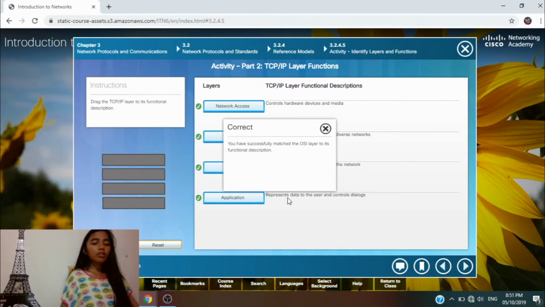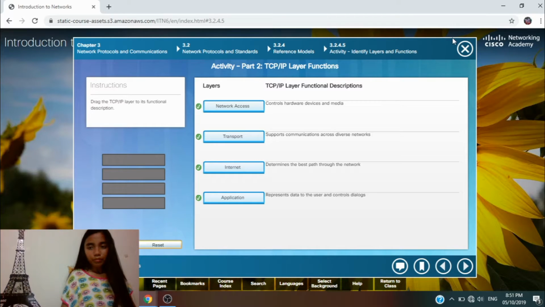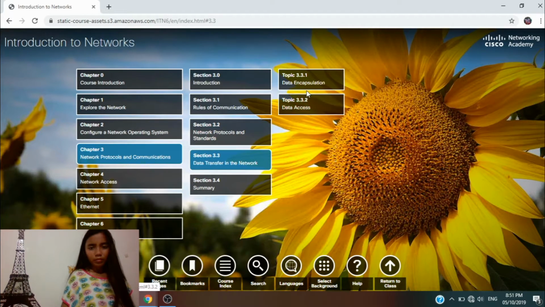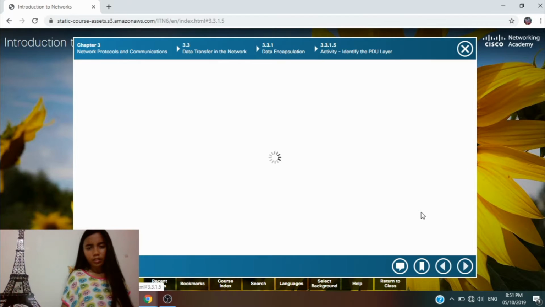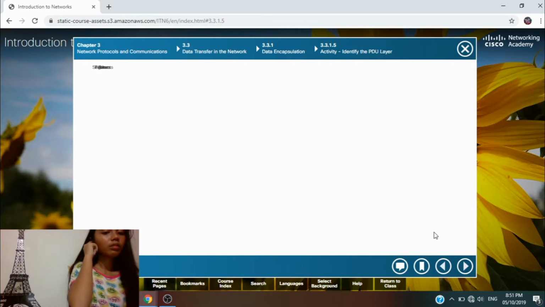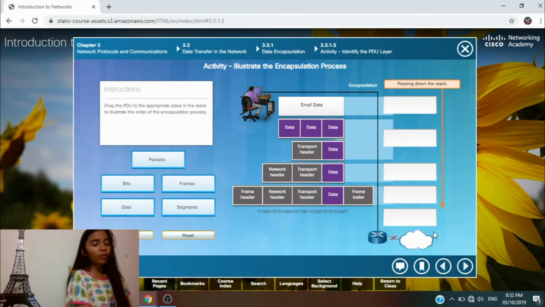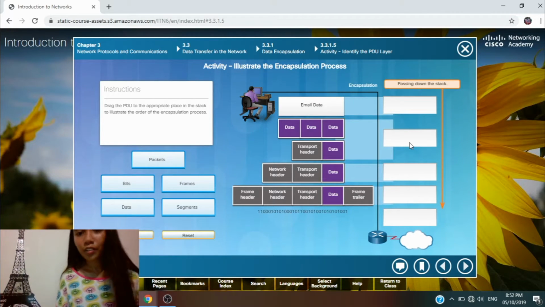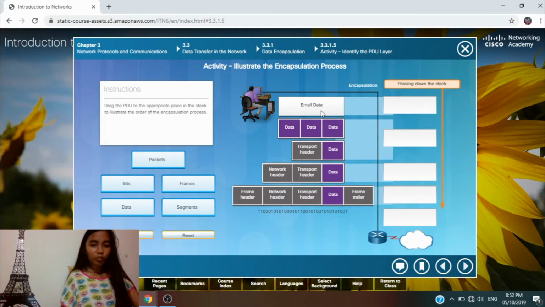So now let's proceed to the last activity in this chapter. We will determine the encapsulation process of each. So for the first one, we have a keyword which is data.